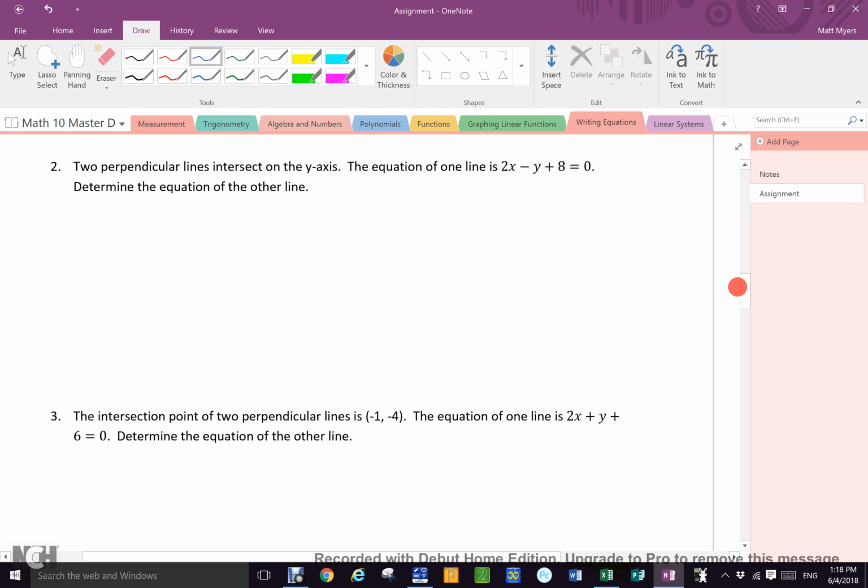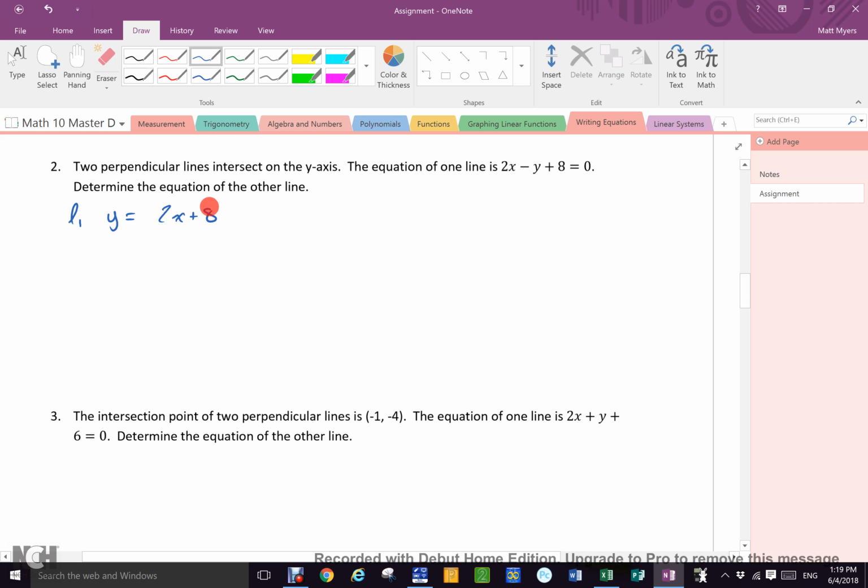Now, this question, you have actually seen exactly word for word in your notes. So if you look back in your notes, you would have found the answer to this. What do you know about these two lines? Well, line 1 is y equals 2x plus 8.